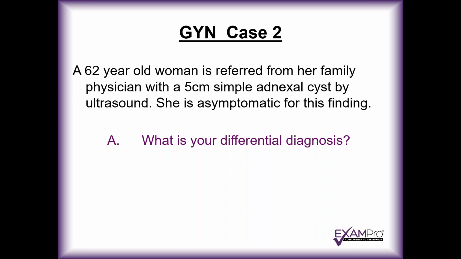Sometimes I would find it unlikely that a simple appearing mass, it could be a paratubal cyst. It could be something not even related to the gynecologic organs at all. Maybe she had a complex abdominal surgical history. That is true, but honestly, this is the obstetrics and gynecology oral exam, so they want you to focus on the GYN stuff first.